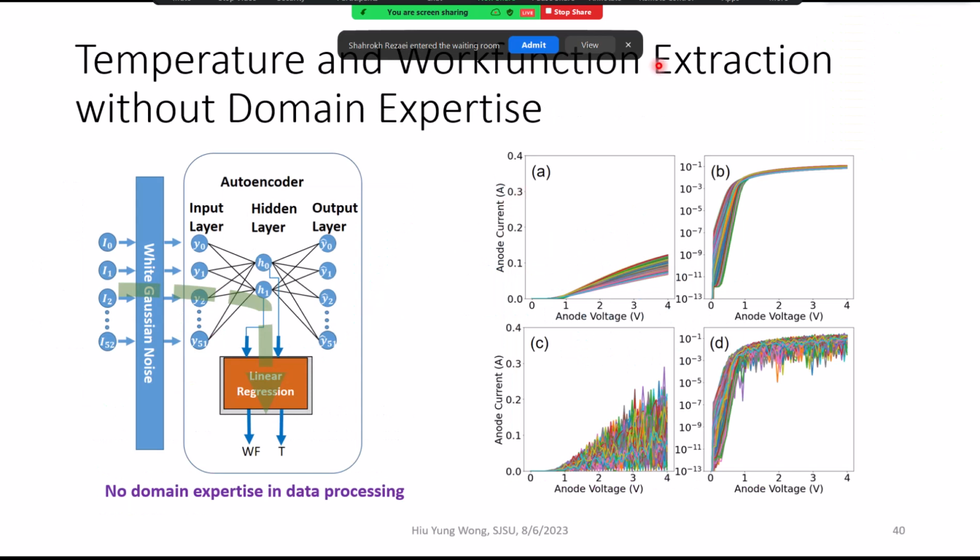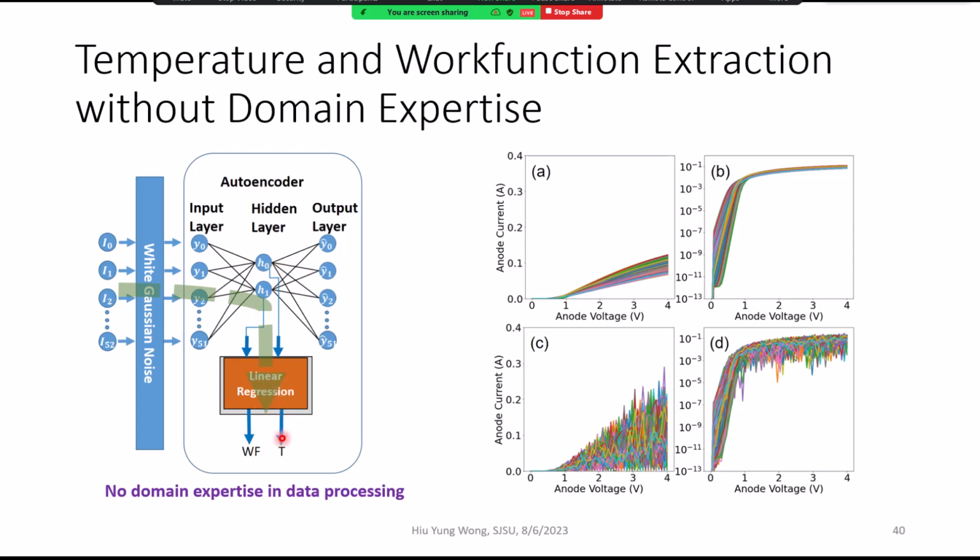Another way is this. Let me use the autoencoder. We also add some Gaussian noise to make it even smarter, more humble, as we discussed earlier. This autoencoder will take in the noisy simulation curve and compress it to 2 hidden layers.